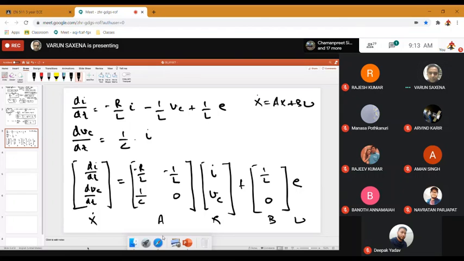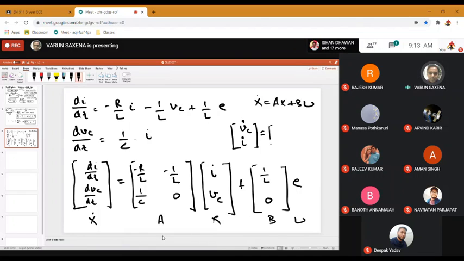Sometimes you could also write it in the reverse way, in the sense that you could represent Vc dot first and i dot second.